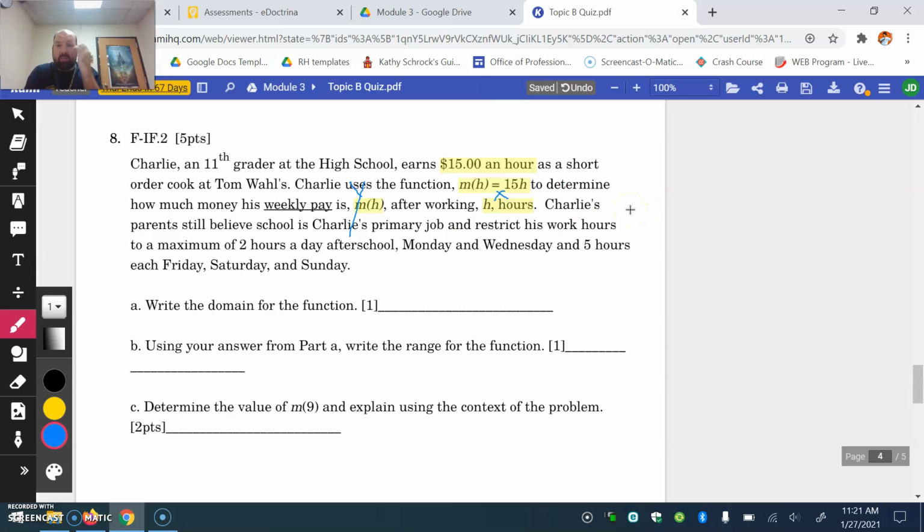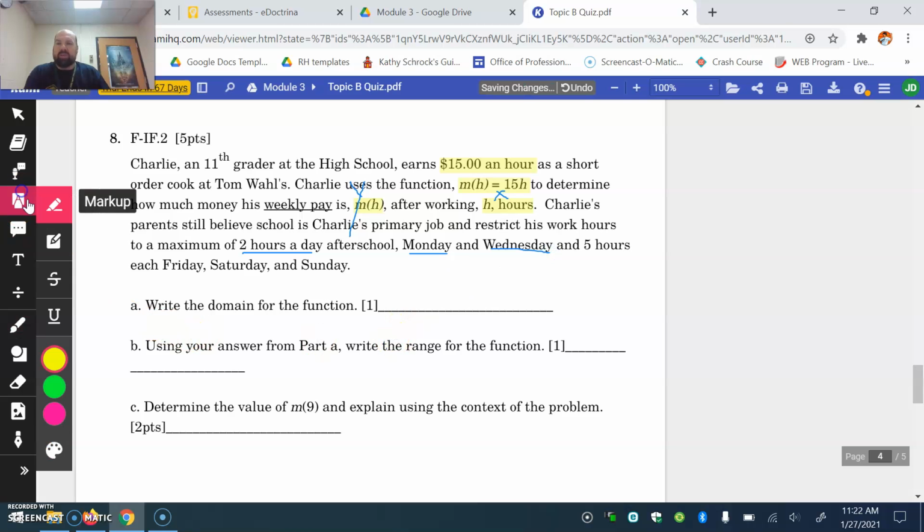Charlie's parents still believe school is Charlie's primary job and restrict his work hours to a maximum of 2 hours a day after school, Monday and Wednesday. 2 hours a day after school, just Monday and Wednesday. Okay, those 2 days only.